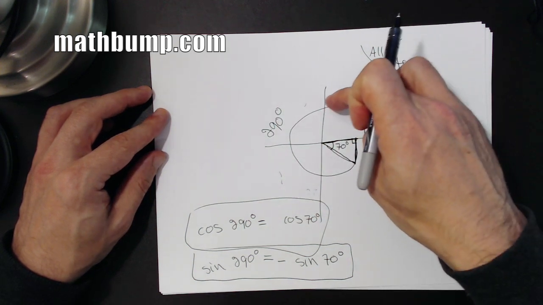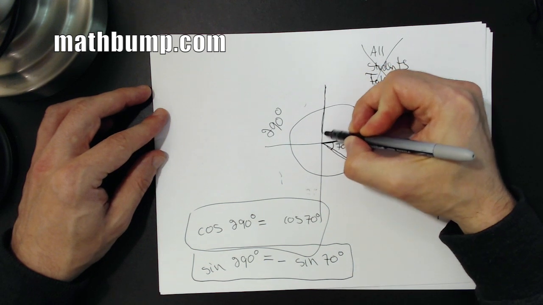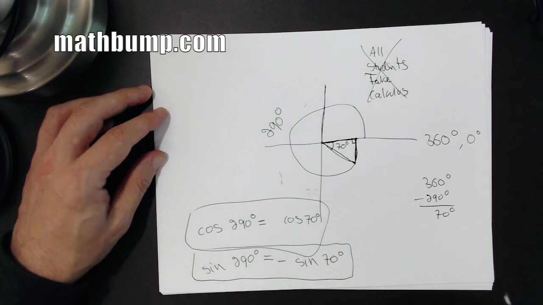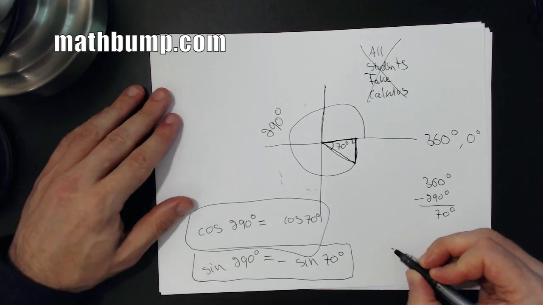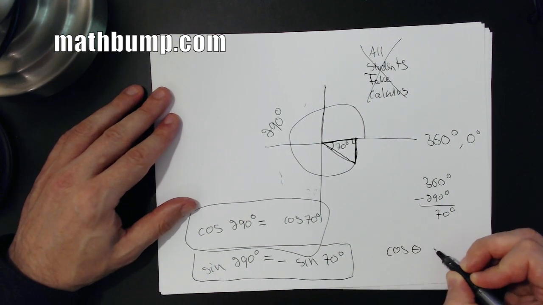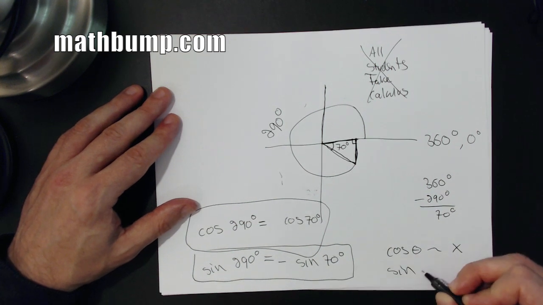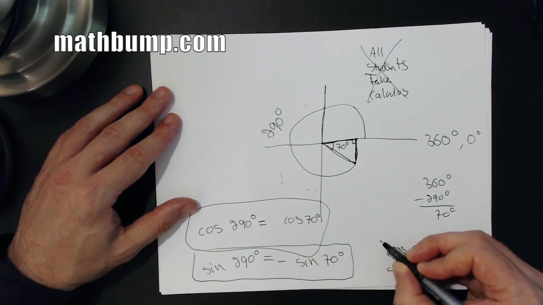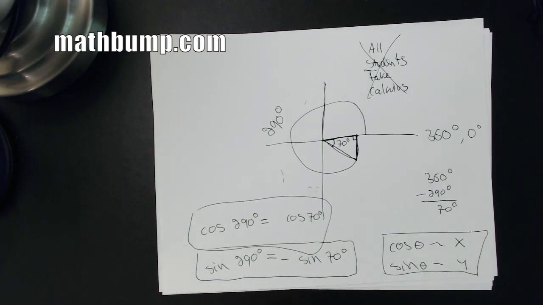And sine is the y-axis, so sine is going to be positive up here with the positive y-axis and negative down here. Don't memorize that. All you have to understand is that the cosine is the x part and the sine is the y part. That is the key to the whole unit circle. Do not memorize any of this other stuff.